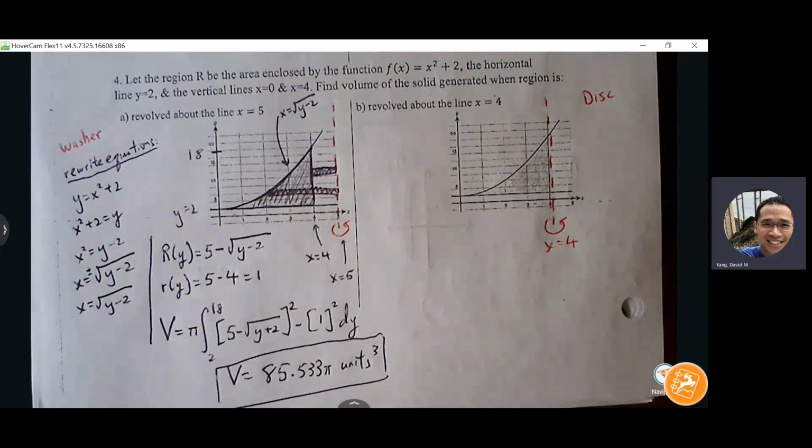This should feel like an easier problem because you already have all the equations from part A. You have the bounds from part A as well.